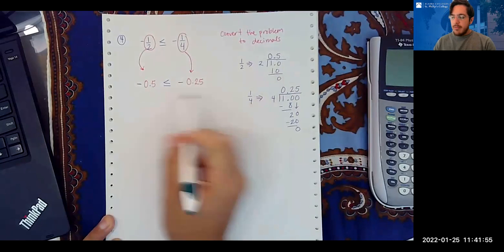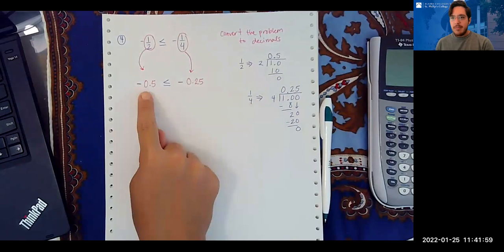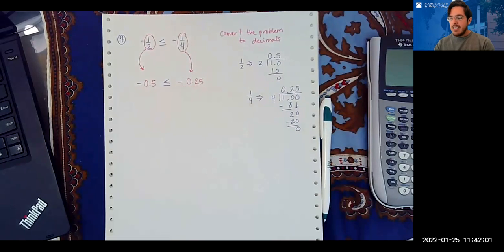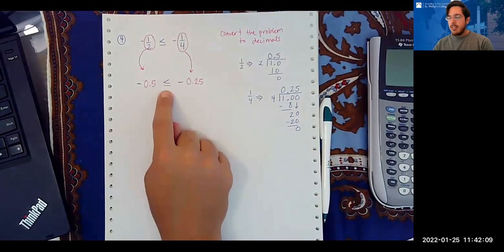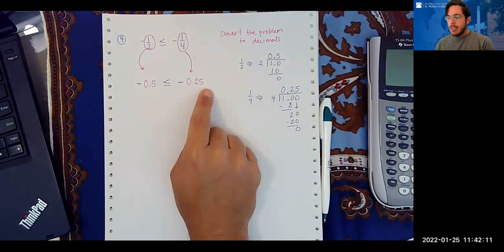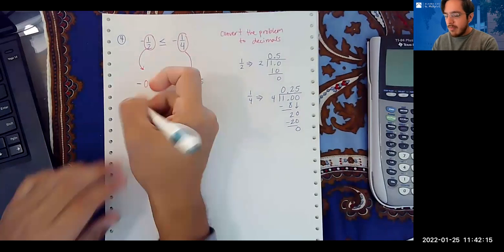Now, you could look at these two numbers and say, okay, which one is smaller? Is negative 0.5 smaller or less than or equal to negative 0.25? Well, that still might be tricky. So let's go ahead and draw a number line.